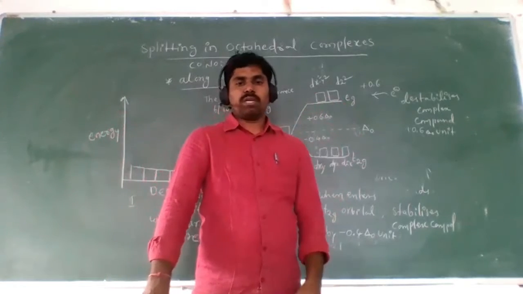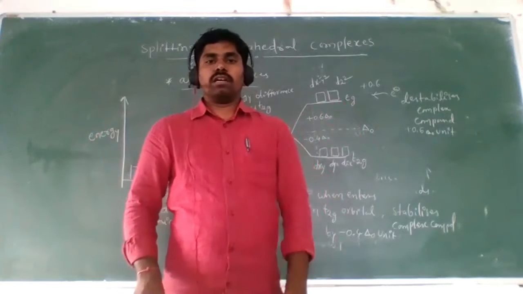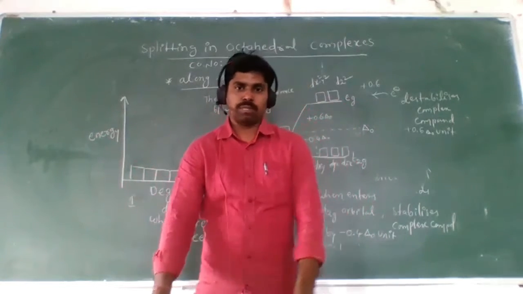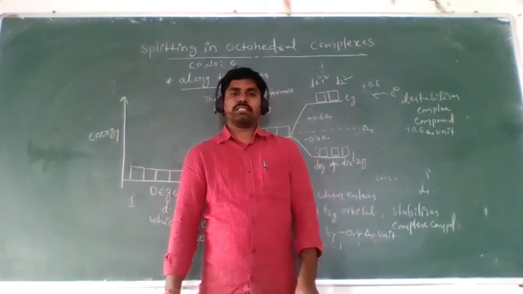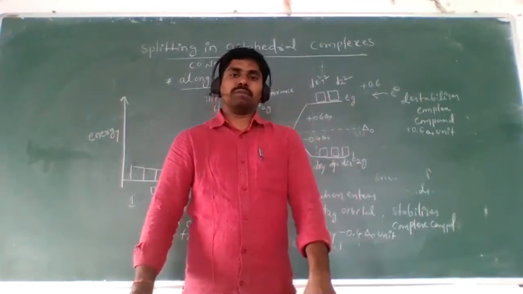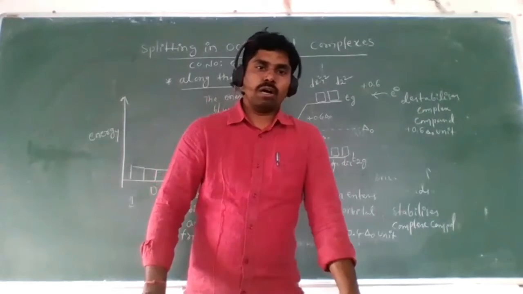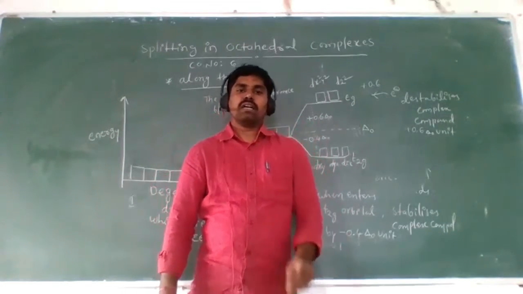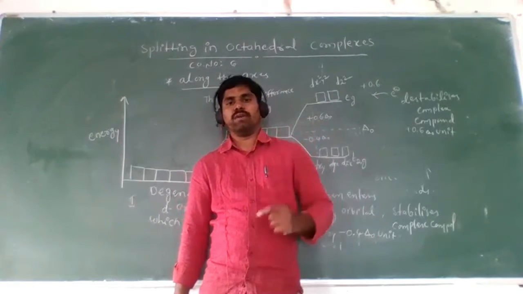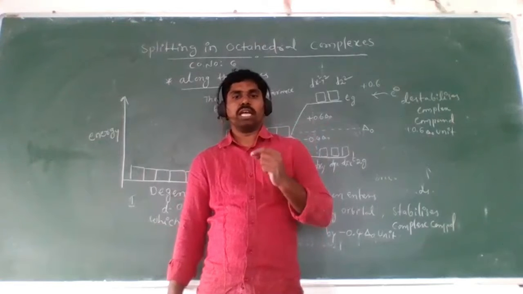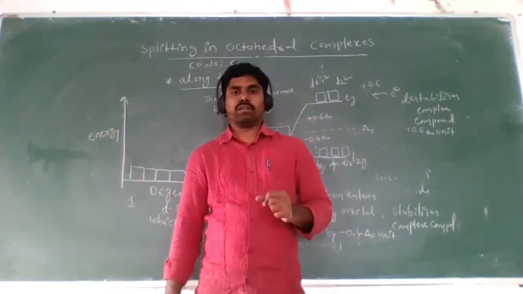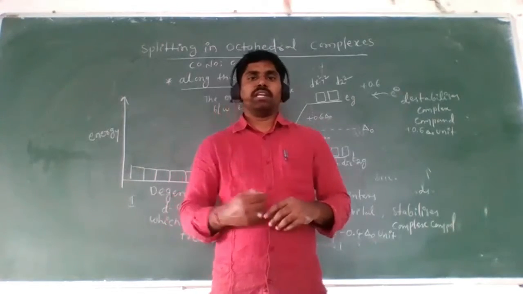Here the 6 ligands approach the central metal atom along the axes, and the d orbitals oriented along the axes are repelled by those 6 ligands. So the Eg orbitals go to the higher energy level due to the repulsion between the ligands and the Eg orbitals. This is about splitting in octahedral.